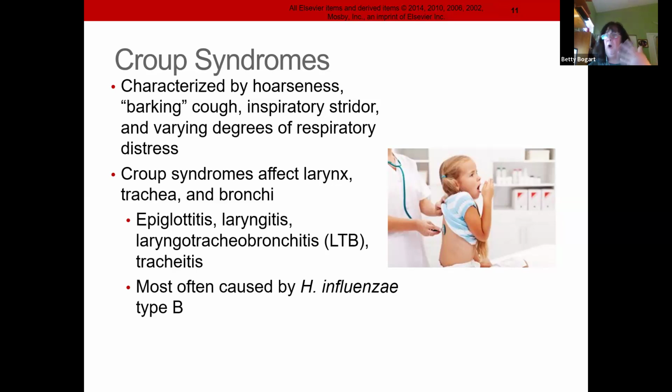So they'll have this barking cough, and they'll have what we call inspiratory stridor because it's swollen. So the opening to get air in is more narrow. That's why there's inspiratory stridor. This is important because there's something else that's all about expiratory stridor.